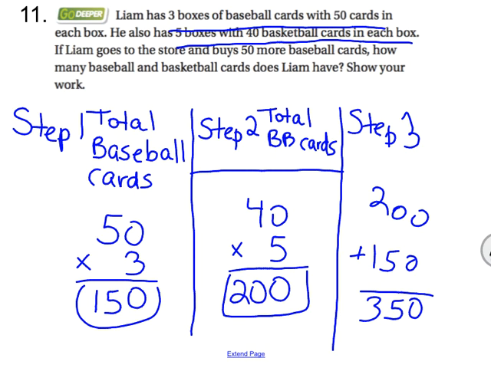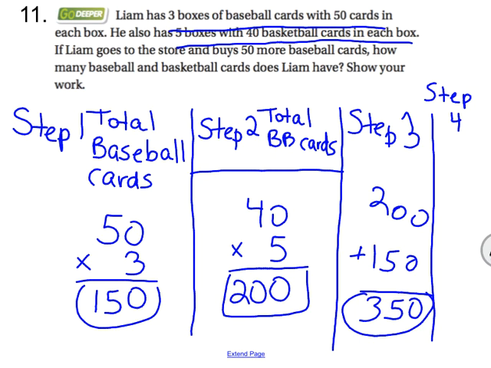Okay, so I added the 2. And I'm sorry, I'm going to squeeze in step 4 over here, which is now I'm showing that he goes to the store and buys another 50 more baseball cards. Okay, so I know that the total so far is 350 for both. But now he goes and buys another 50 more baseball cards.